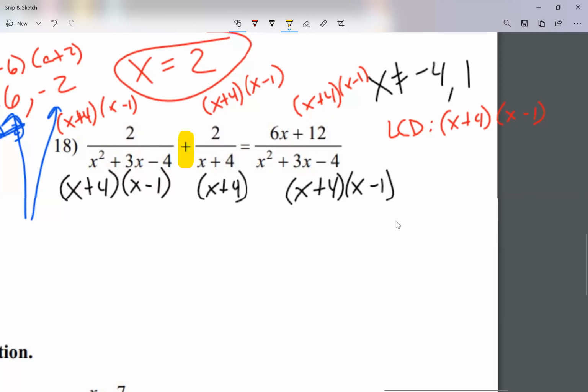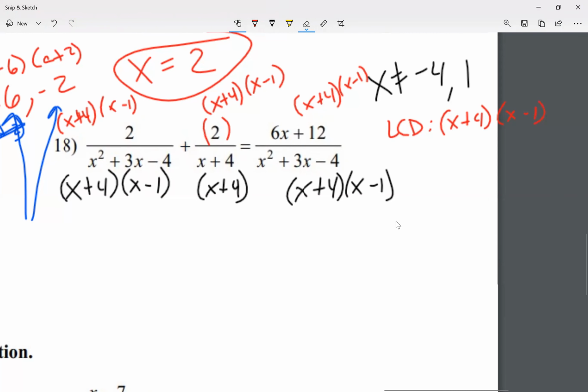Before I start canceling things out, I pay attention to the symbol in between my fractions. It's a plus sign, so that's good. If it was a minus, I would switch it to plus and distribute it to a parentheses on the second fraction. So I would distribute it to the 2 if it was a minus, but it's not, so let's leave it like that.